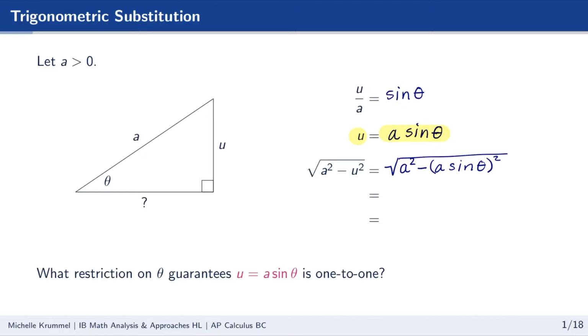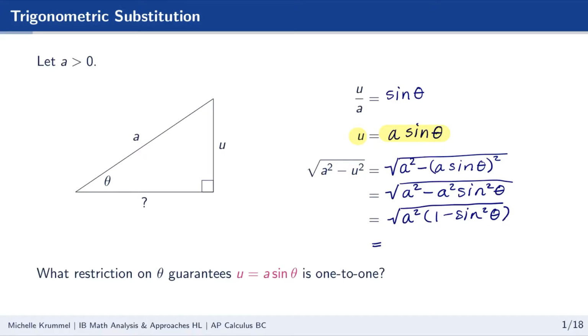And that is equal to the square root of A squared minus A squared sine squared theta. And then I can factor out an A squared, so 1 minus sine squared theta. The square root of A squared times 1 minus sine squared theta.